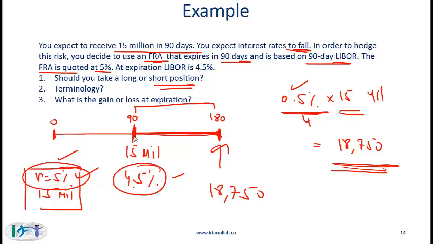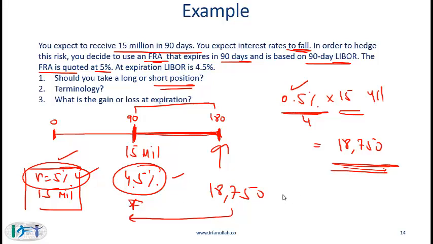If we want to settle the contract over here, then what needs to happen is the other party or the counterparty needs to pay you over here. Obviously, they will not pay you 18,750. What they'll pay you is the present value of 18,750. So we take 18,750 and discount back 90 days using the market rate over here. And the convention used with FRAs is as follows.